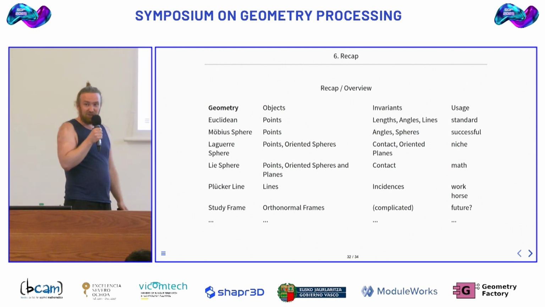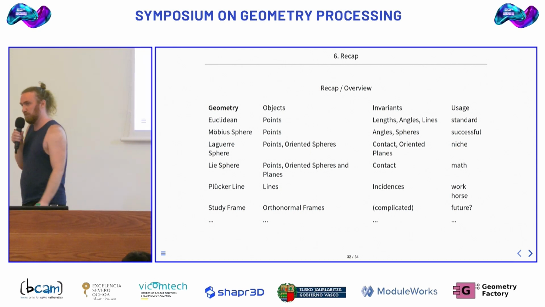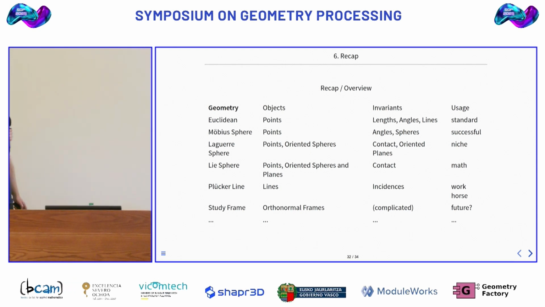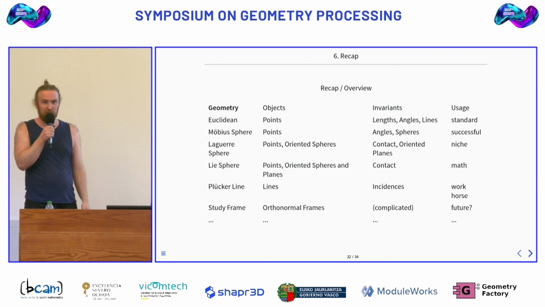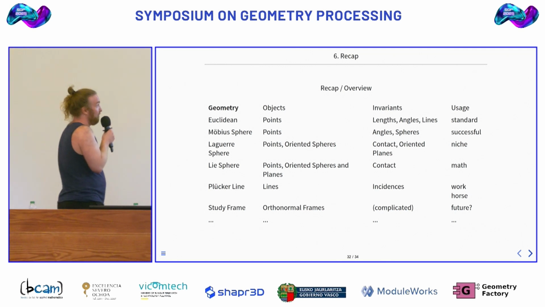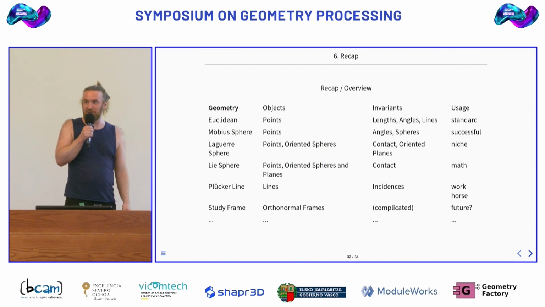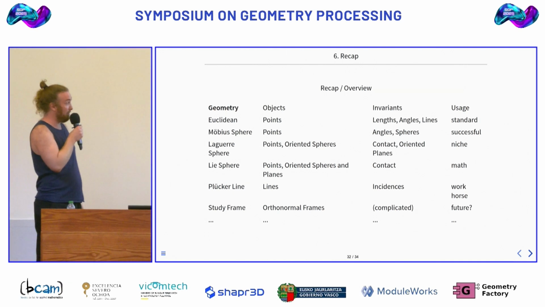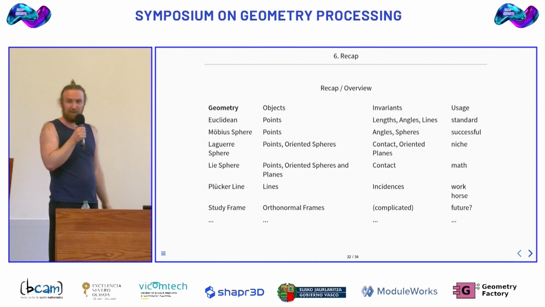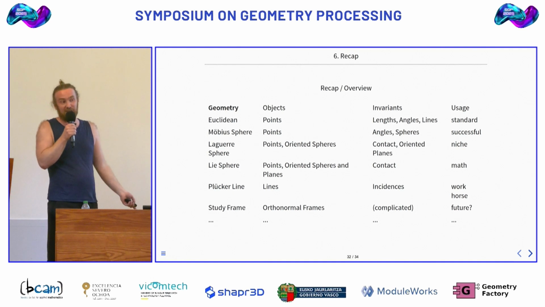Laguerre is still a bit niche, I feel, but could maybe be used much more. Lie, maybe in the future; at the moment it's mostly used just in math. Plücker, it's somehow in every rendering engine nowadays. There are more applications. Study frame maybe will be something in the future. There are lots of applications, but they are in kinematics and mechanics, so I don't know if it's relevant here.